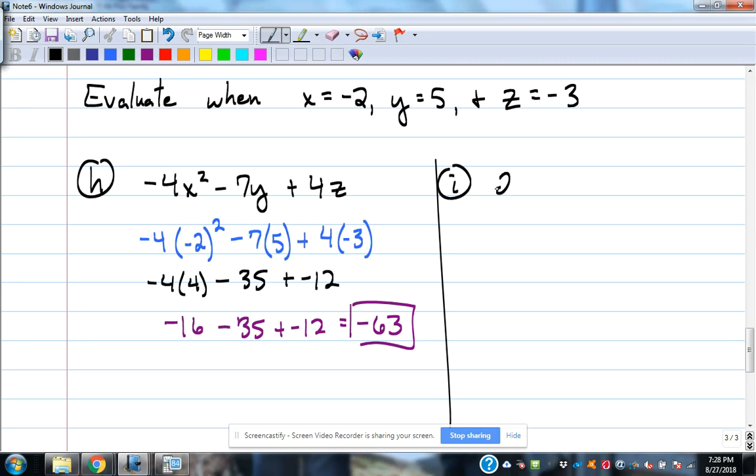All right, look at this one. 2 parentheses x minus 5 squared plus 4y, all of that over z plus 4. Well, this one's a little tougher.